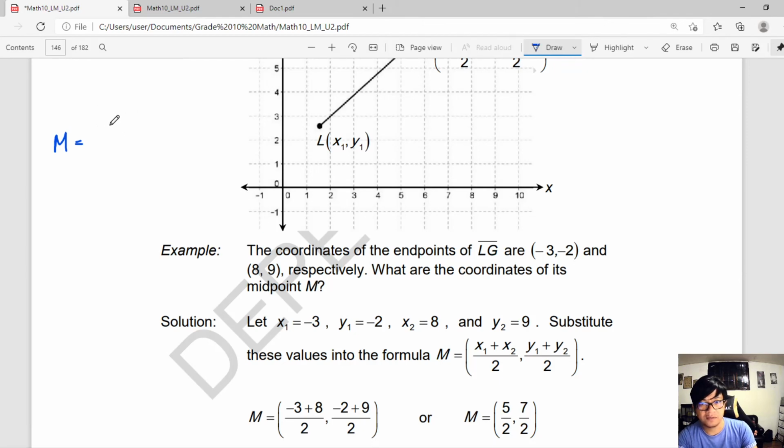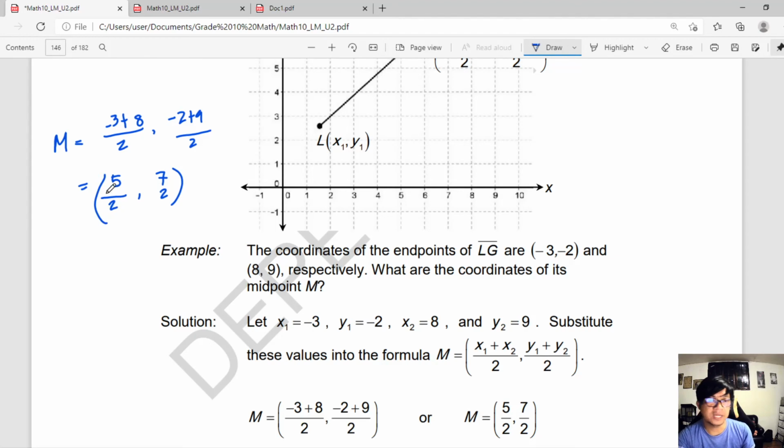So, negative 3 plus 8 over 2. Isa naman is negative 2 plus 9 over 2. So, magiging, this one is 5 over 2. And, isa naman is 7 over 2.